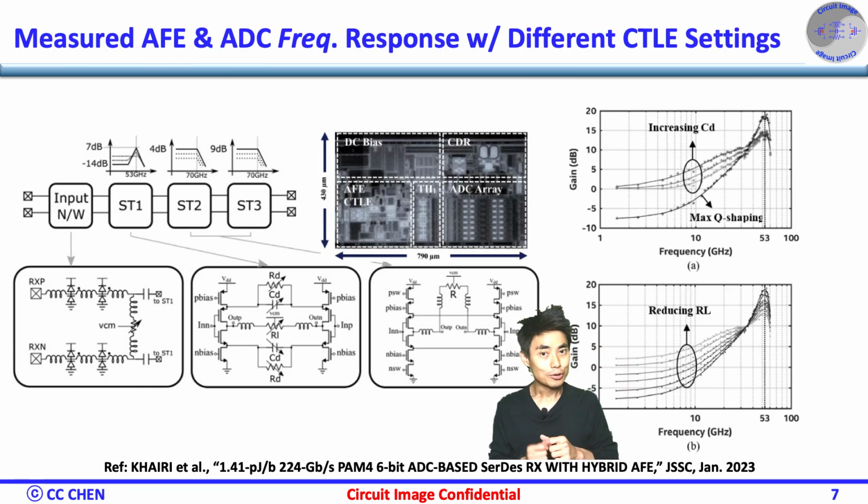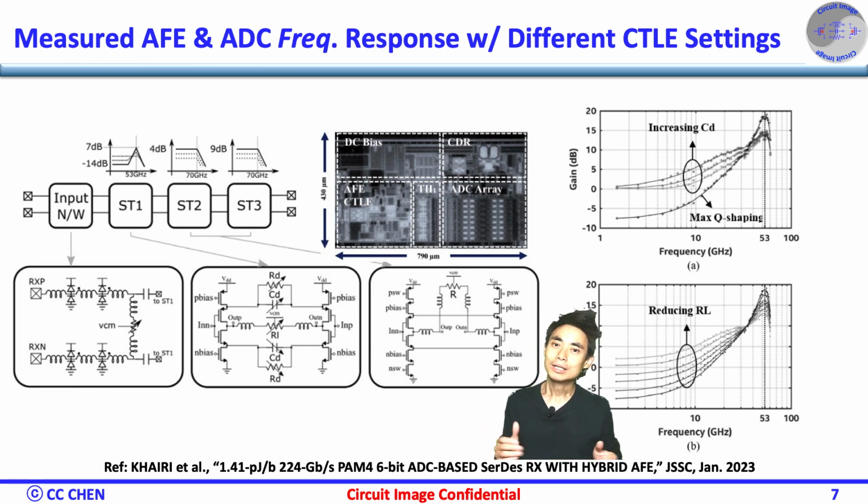The reference also demonstrates the slope control of the CTLE in silicon to match the channel behavior to minimize the residual ISI at the ADC input. This less residual ISI then helps reduce the dynamic range requirement from the ADC and relax the required ADC resolution to just 6 bits.